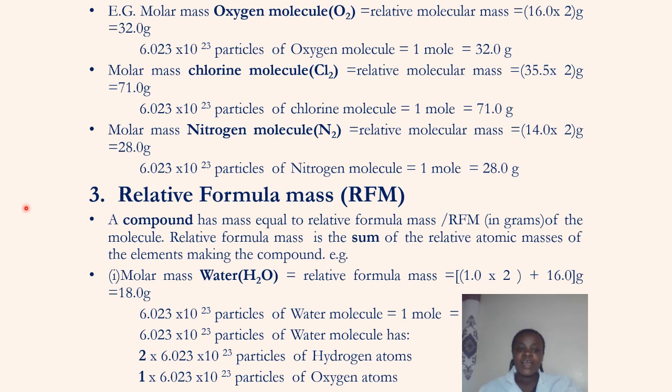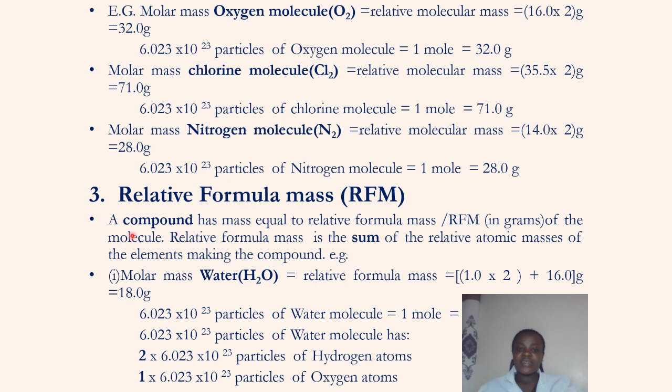Then we have the relative formula mass, or what we are calling the RFM. We deal with relative formula mass when we talk about compounds, and we said a compound has a mass equal to the relative formula mass. This is from our NB up there.